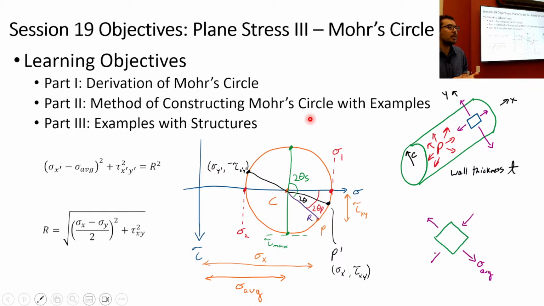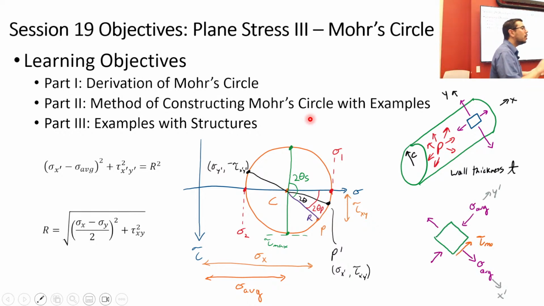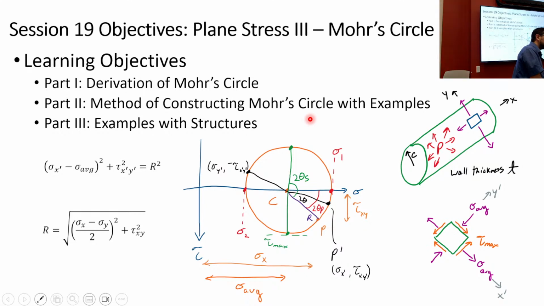So in this case, we talked about uniaxial loading. We talked about shear very briefly, right? Pure shear, so that's a rotating shaft or a twisted shaft. And then we talked about a spherical pressure vessel and a cylindrical pressure vessel.